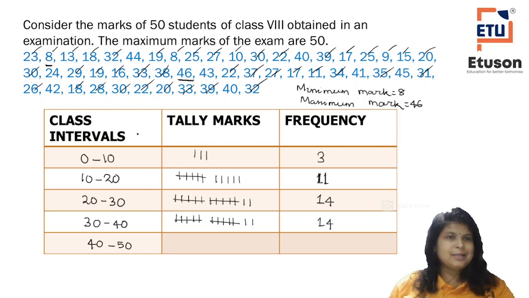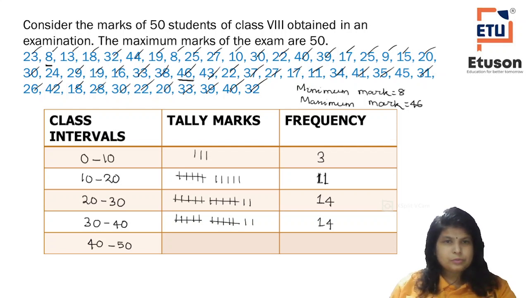Now the last class interval, 40 to 50. So here comes 1, 2, 3, 4, 5, 6, 7. Is there anything else? Yes, let us check it once again so that we do not leave anything.